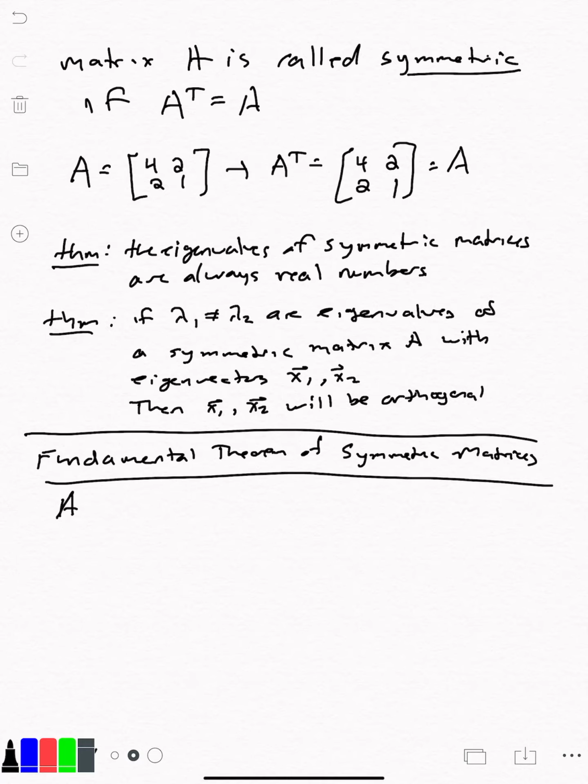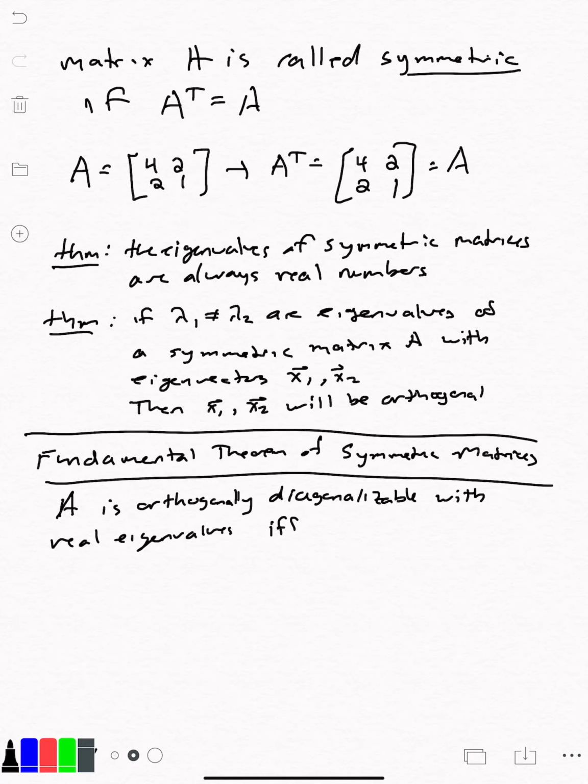A is orthogonally diagonalizable with real eigenvalues if and only if A is symmetric.